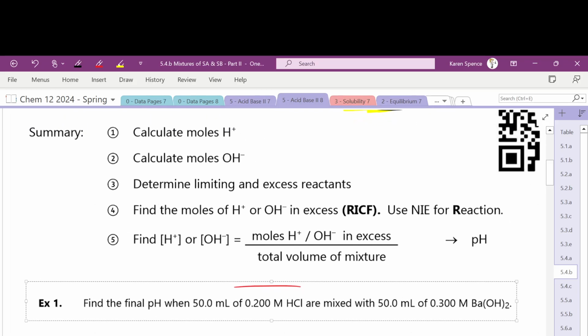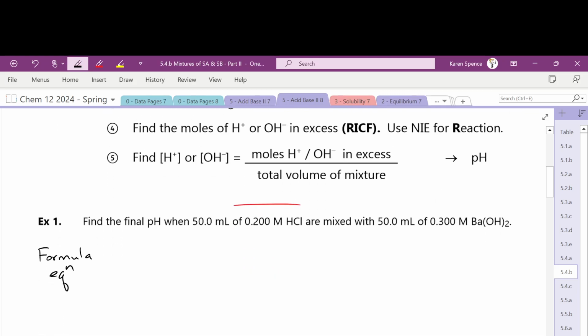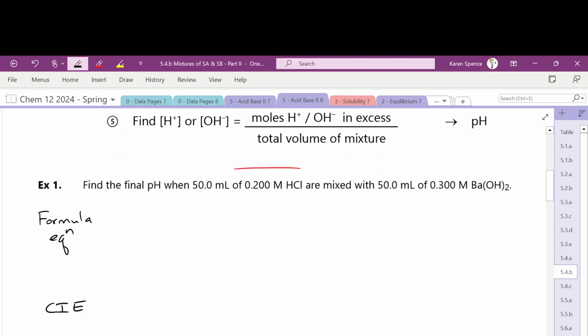So what you're going to do for this particular question is you're going to start by writing the formula equation. Then you're going to write the complete ionic equation and the net ionic equation.